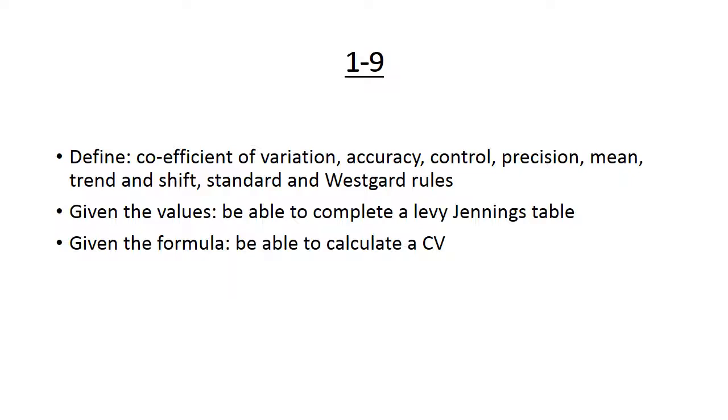The textbook says, I'm going with shift now: it's an abrupt change from established means indicated by occurrence of all control values on one side of the mean. That's not too bad. So what that means is go back to page 134.